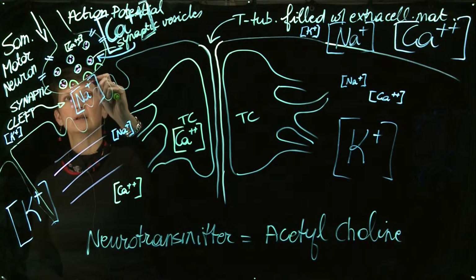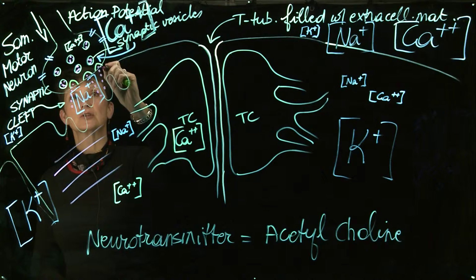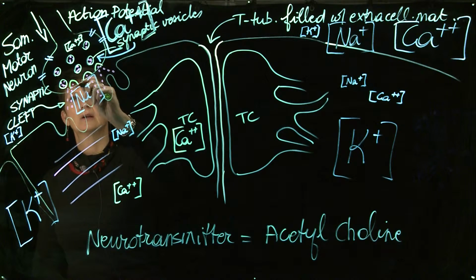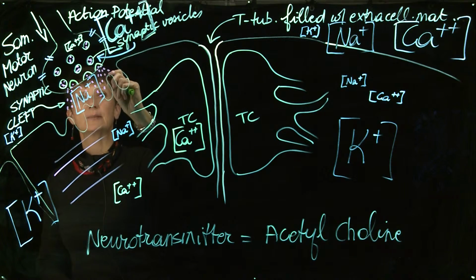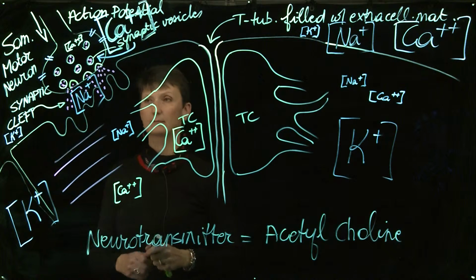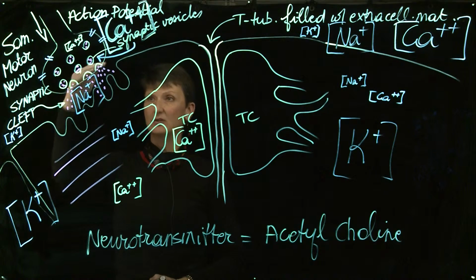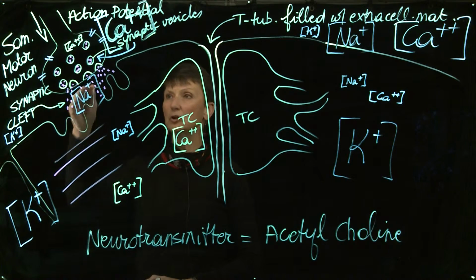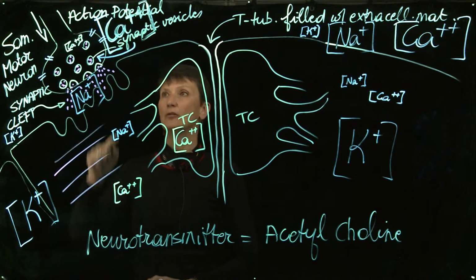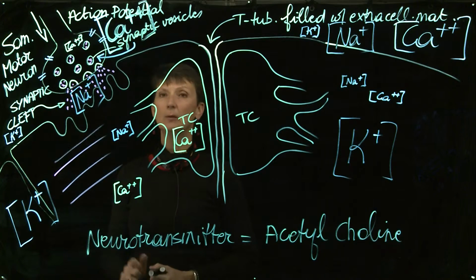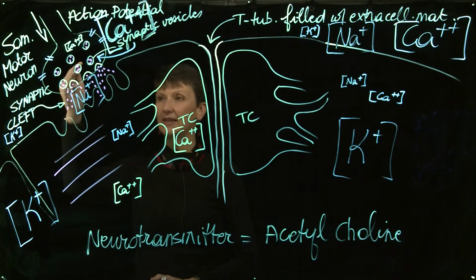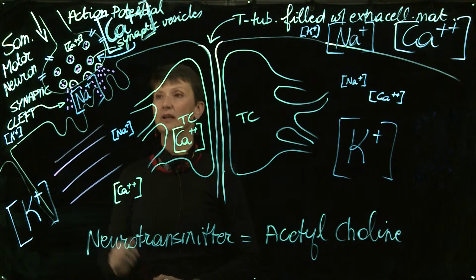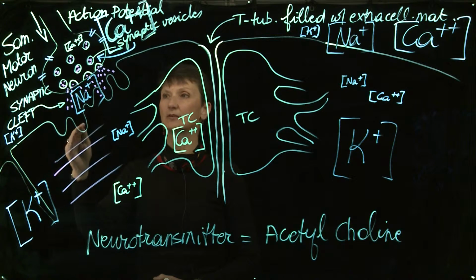And consequently, the neurotransmitters start diffusing across the synaptic cleft. So by means of exocytosis, your synaptic vesicles merge with the cell membrane of your synaptic bulb of your axonal terminal, and that releases your neurotransmitters. They will follow their concentration gradient by means of diffusion and ultimately reach the muscle cell.